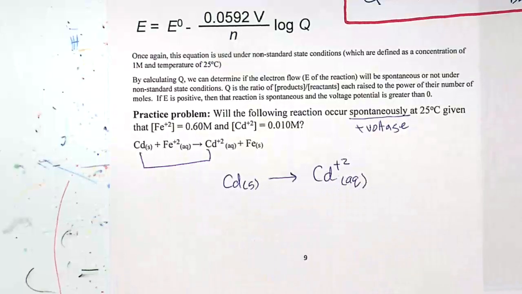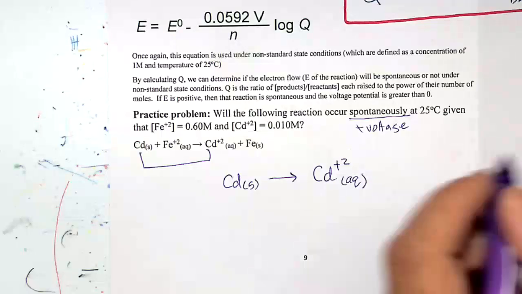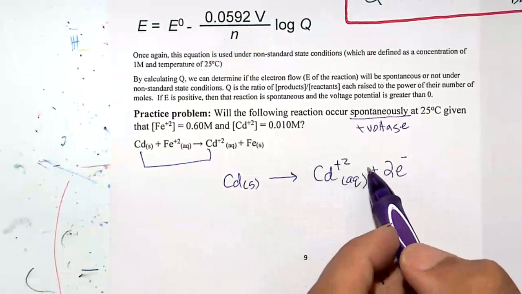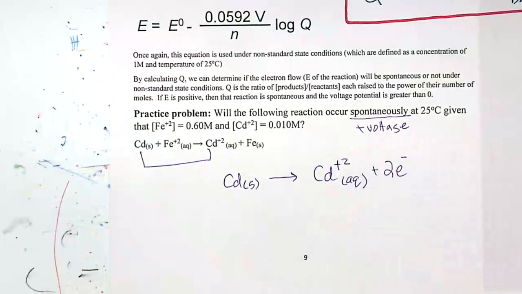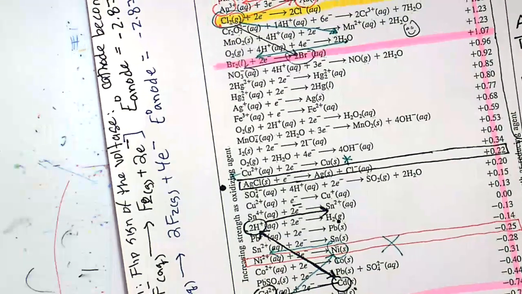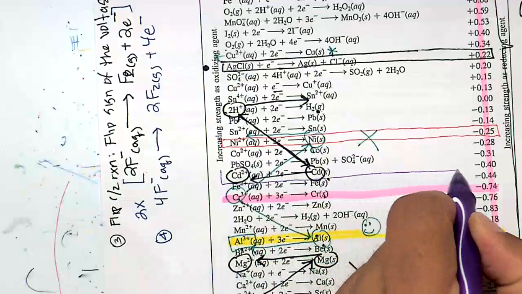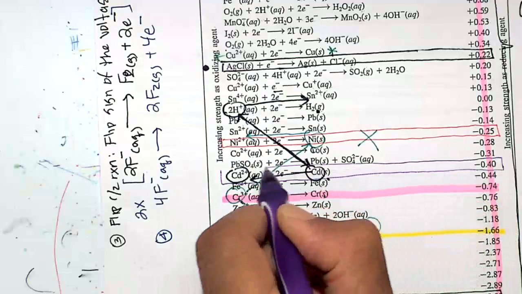How many electrons and where should I put them to balance this? On which side, Susanna? This will balance out the charge. And what is the voltage associated with that? Do we need to flip it when we read it off our sheet? Here we have cadmium plus 2 electrons goes to cadmium solid.